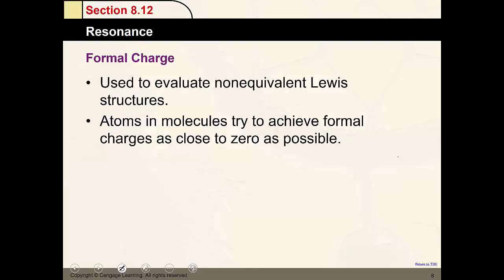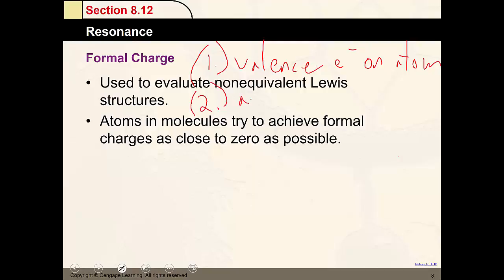First, the number of valence electrons on an atom. Number 1. Then, what we do, we assign the number of electrons to a particular atom.